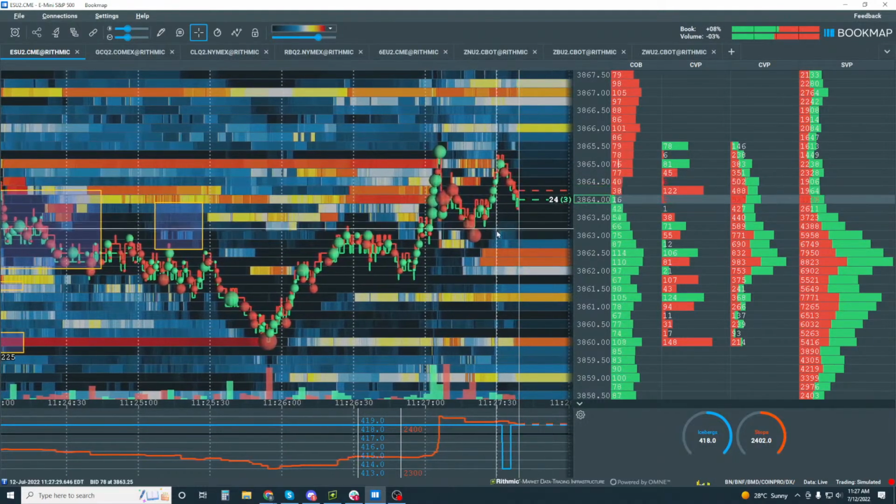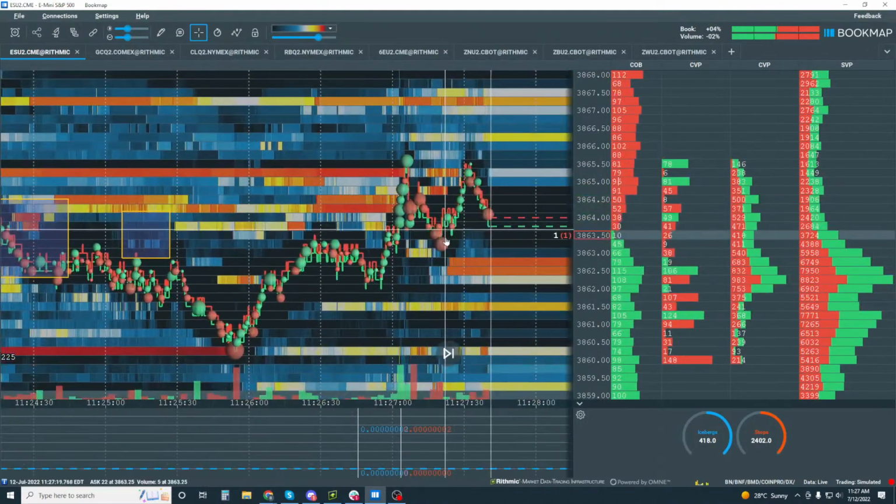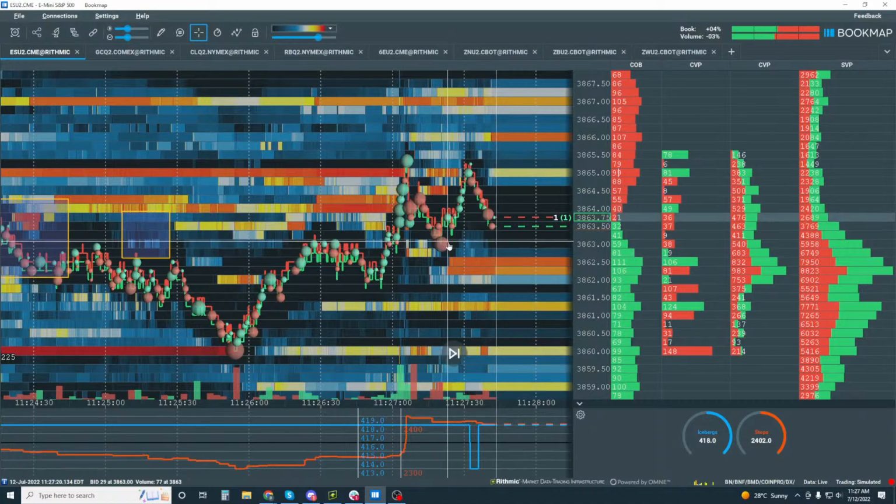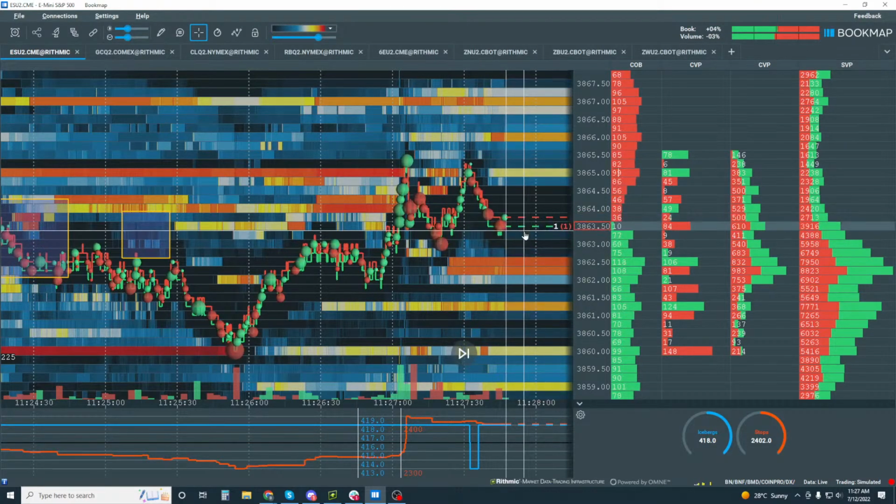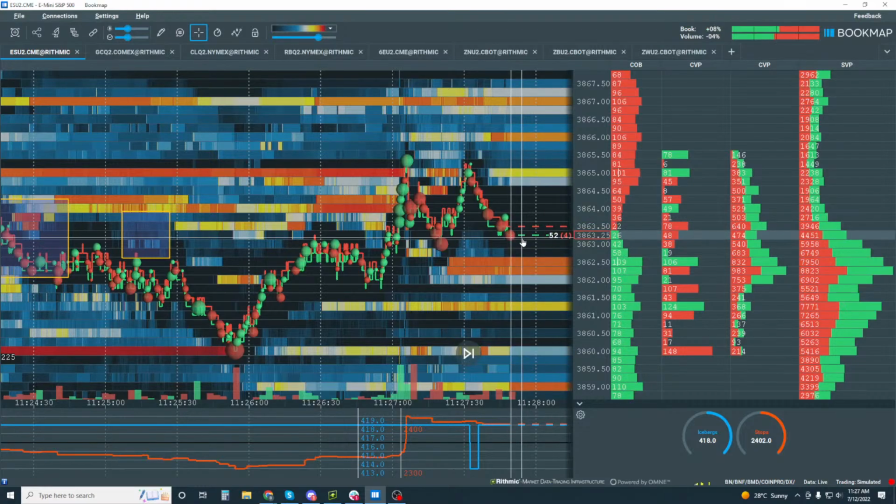All right, let's see if the sellers can come back down into this little range here and then drop it. Let's see it.